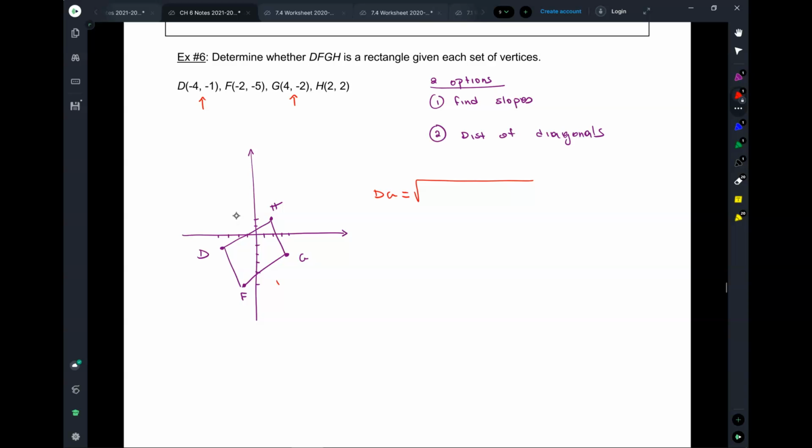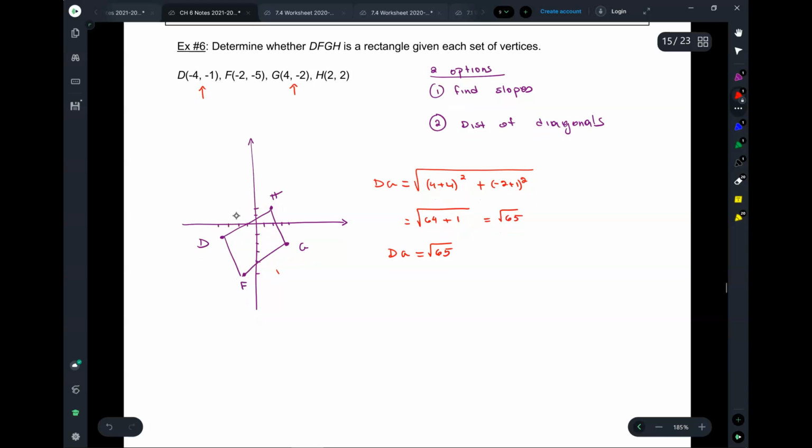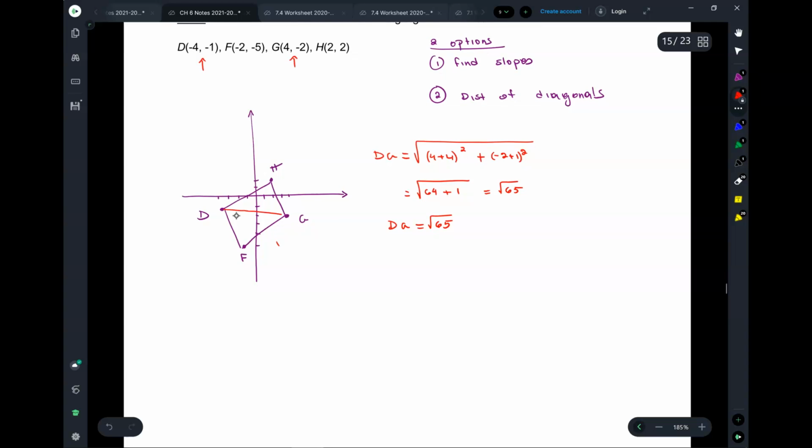So x2 minus x1, 4 minus -4, so that's 4 plus 4 squared, plus y2 minus y1, -2 plus 1 squared. This is going to be the square root of 64 plus 1, square root of 65, so DG is root 65.